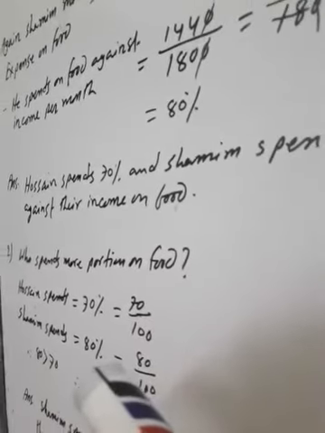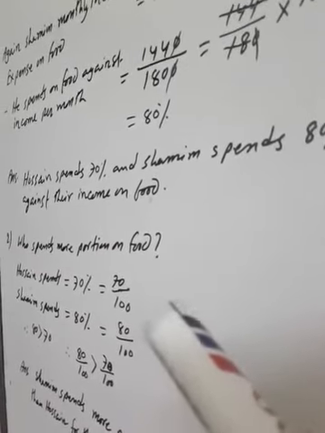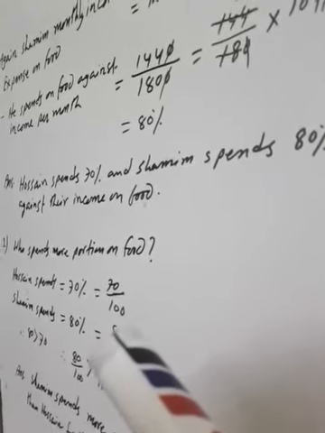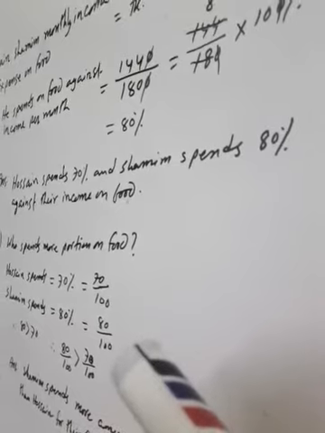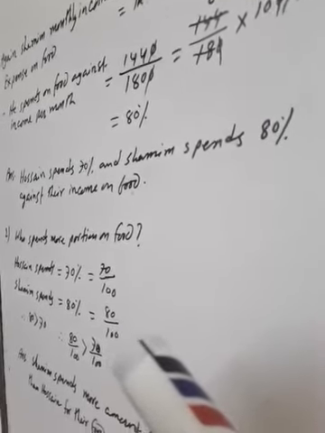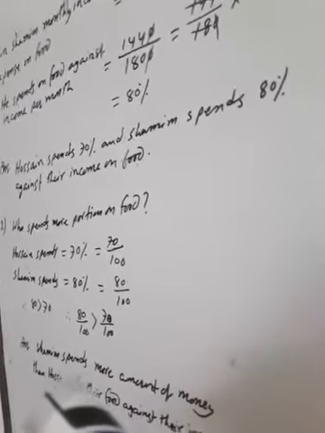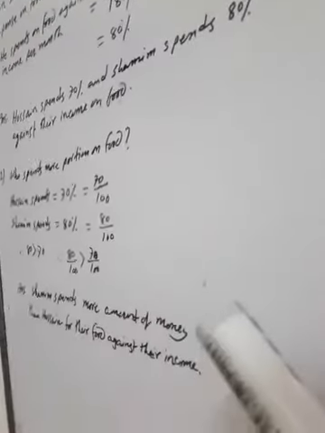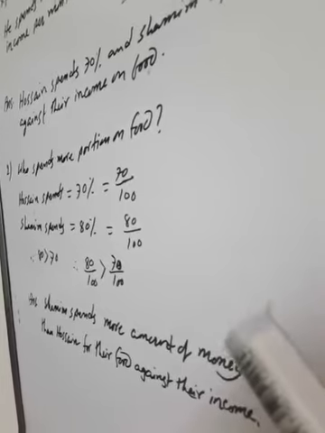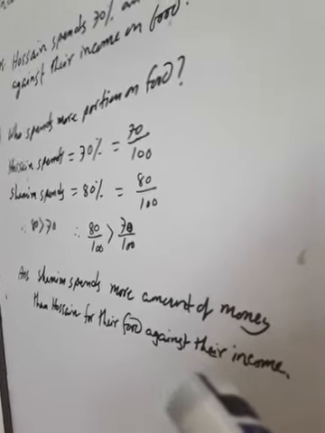Shamim spends 80%, 80 by 100. 80 is greater than 70, therefore 80 by 100 is greater than 70 by 100. Answer: Shamim spends more than Hussain on food against their income.